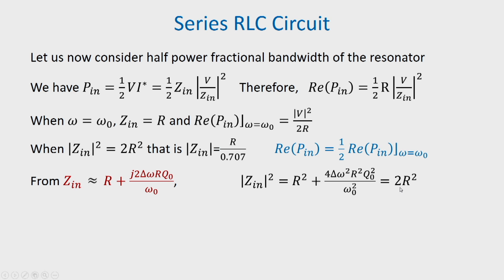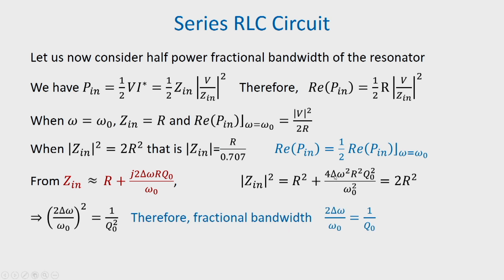If we take out R square common, R square will get cancelled from both sides, we will be left with 1 here, and when it is subtracted, we get 4 delta omega square Q naught square by omega naught square is equal to 1.